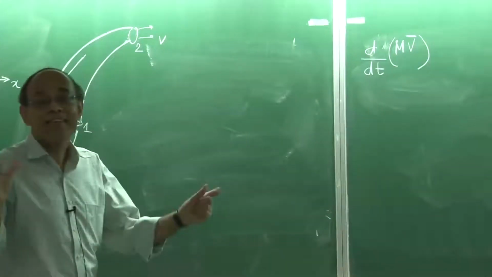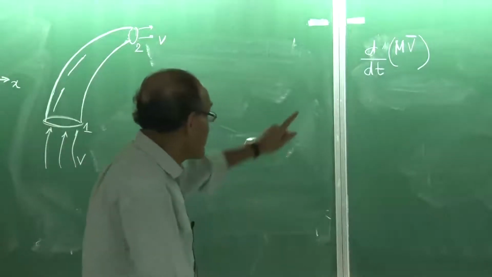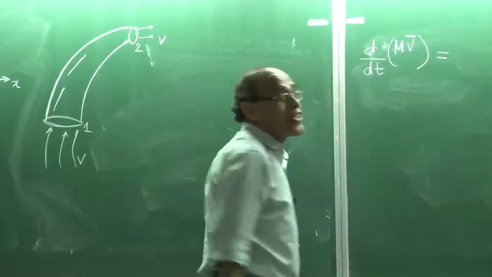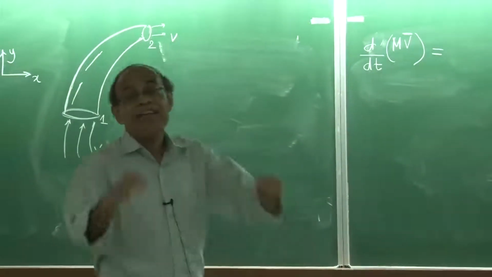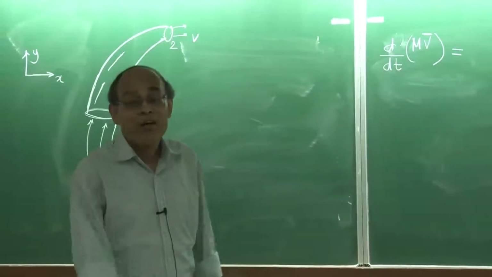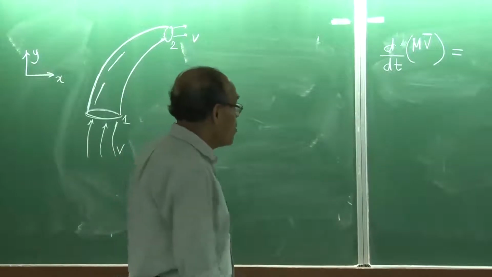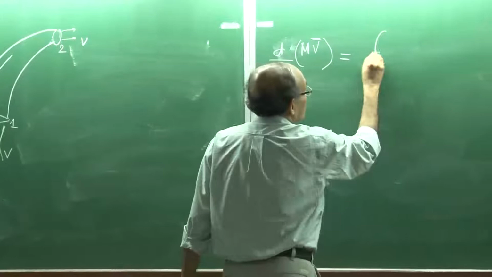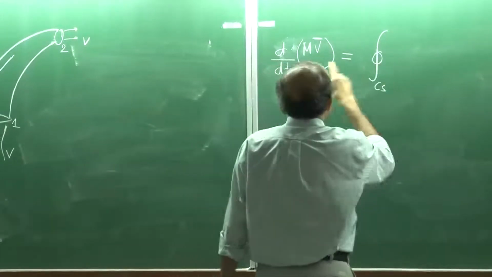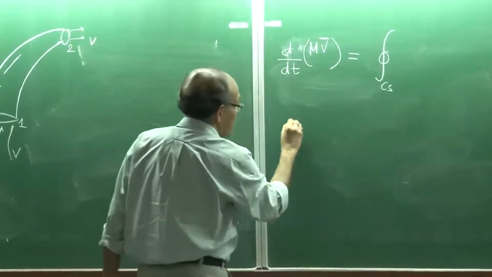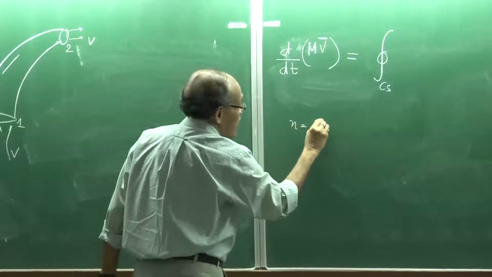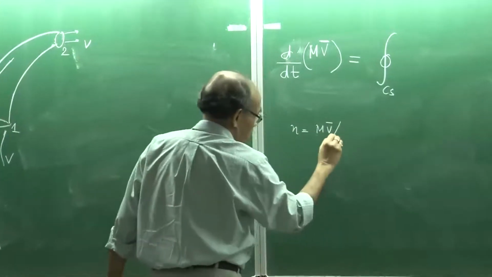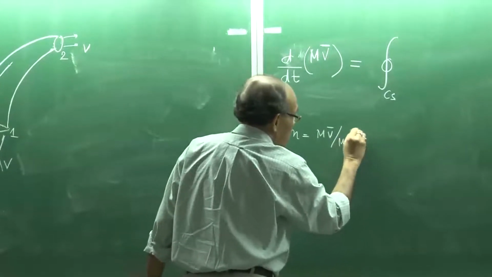I am not making any assumption that it is normally directed, assigning no direction to the velocity. The first term, because it is a steady state problem, the net rate of accumulation of momentum in the control volume is equal to 0. So, there is no accumulation, and we are left with only the control surface, and the small n is equal to, as I have indicated, m times v bar divided by m, and that is equal to v bar.